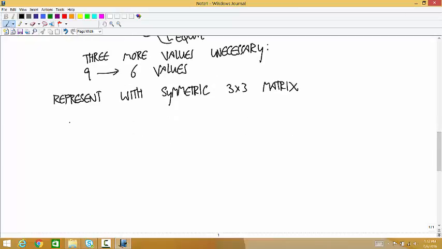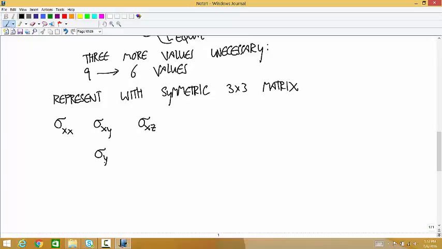So the matrix looks like this. Sigma is the name of the stress tensor. The stress tensor is this matrix. So we have sigma xx, sigma xy, sigma xz.